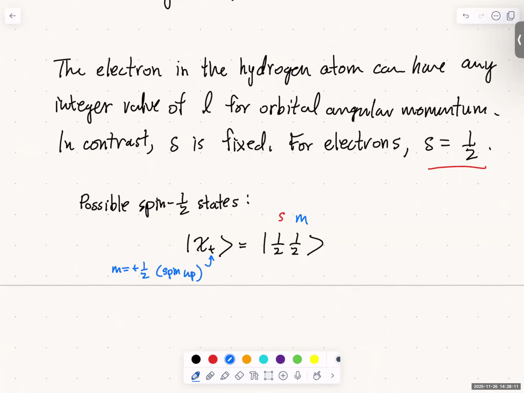All right, and then we could have a chi minus. S is 1/2, that can't change, but we can change M. So this is S, this is M, and this is the M equals minus 1/2 state, which we'll call spin down. Okay.